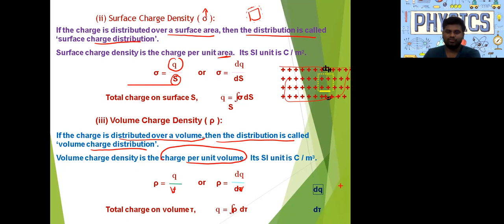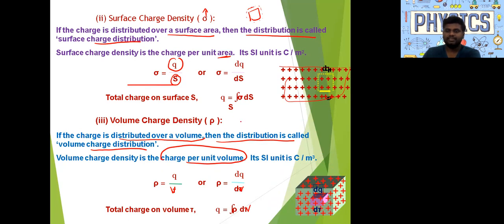Then in order to find Q, we need to integrate rho dV. So this is our cube. How the volume charge is distributed in this cube, we can find by using our volume charge density formula.